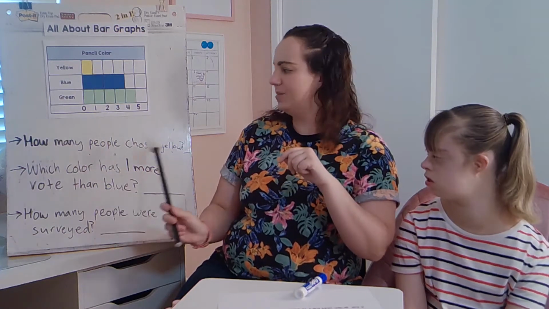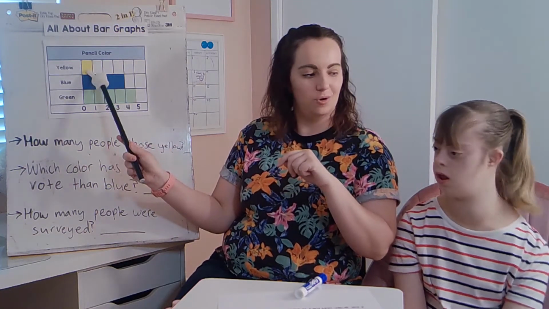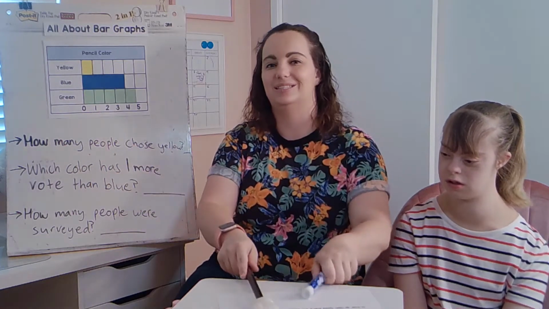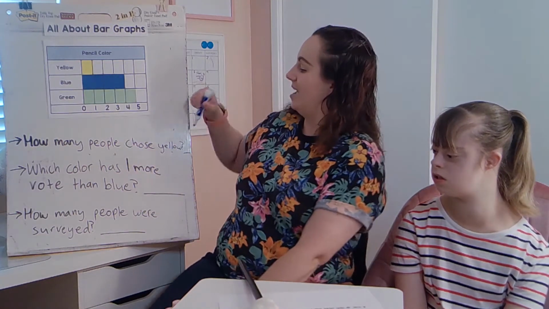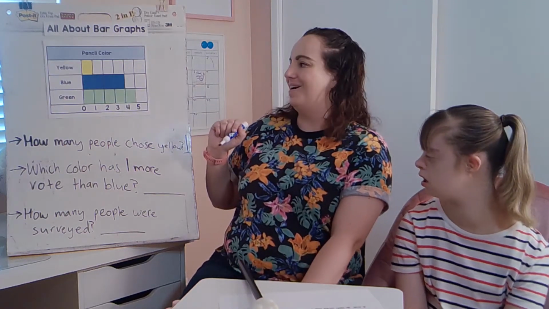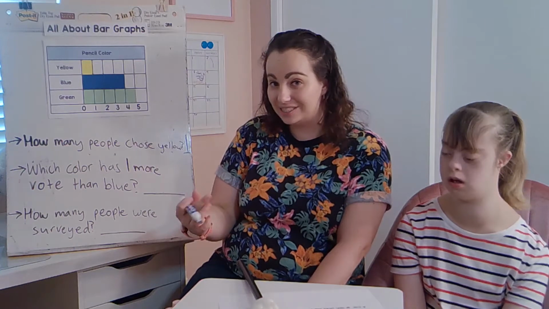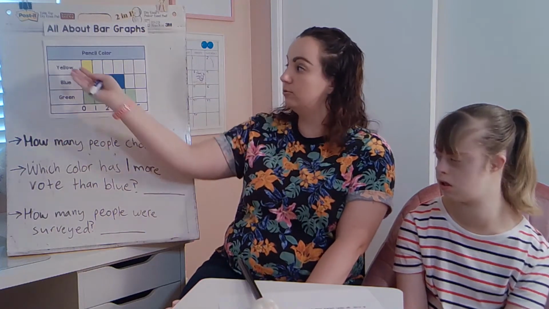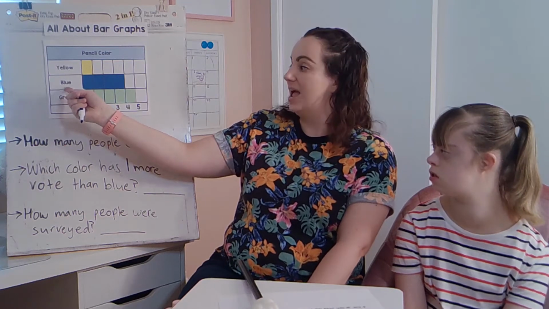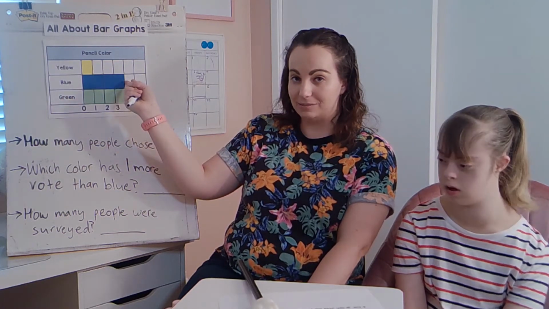So, how many people chose yellow? 1. Yes, so you take your writing tool and write 1 right there. I was running out of space. So you'll have questions like that that ask how many people chose something. You look at what they want to know how many of and count how many bars.